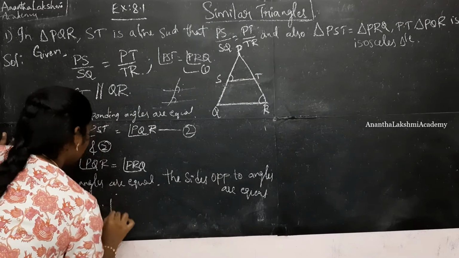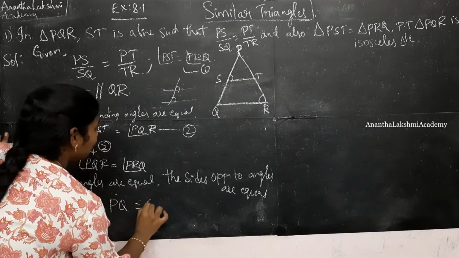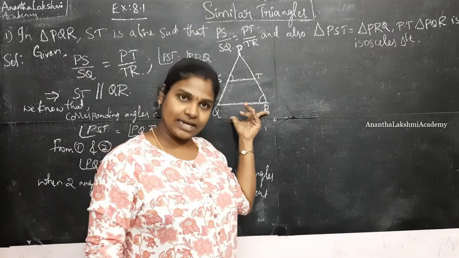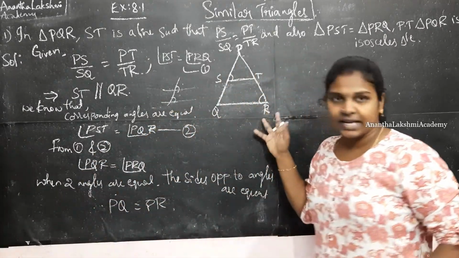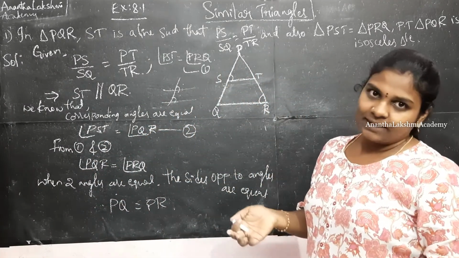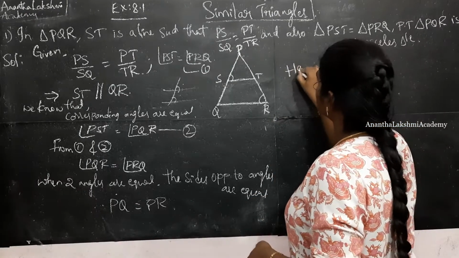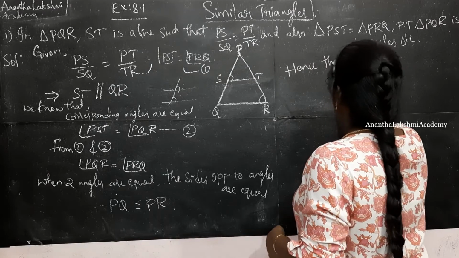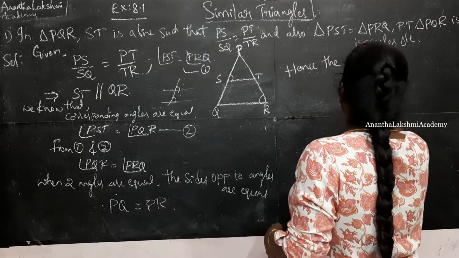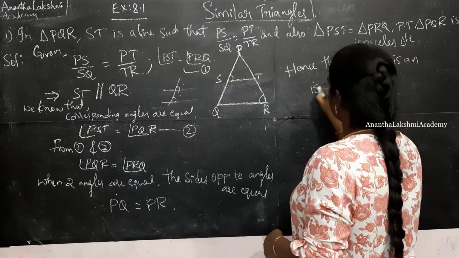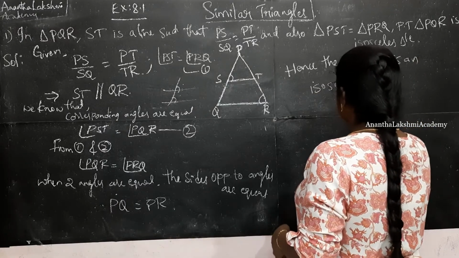Therefore, PQ is equal to PR. Now if you see that two angles of a triangle are equal and two sides of a triangle are equal, can we say that the triangle is isosceles? Yes. Hence the triangle PQR is an isosceles triangle, isn't it?